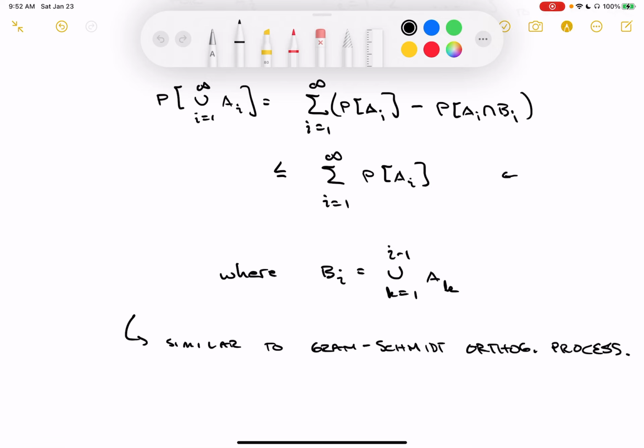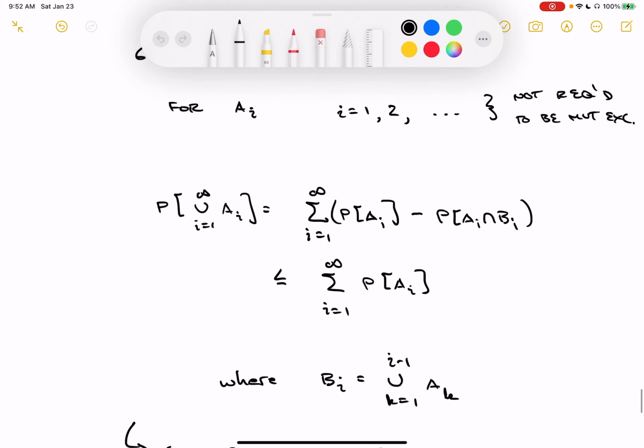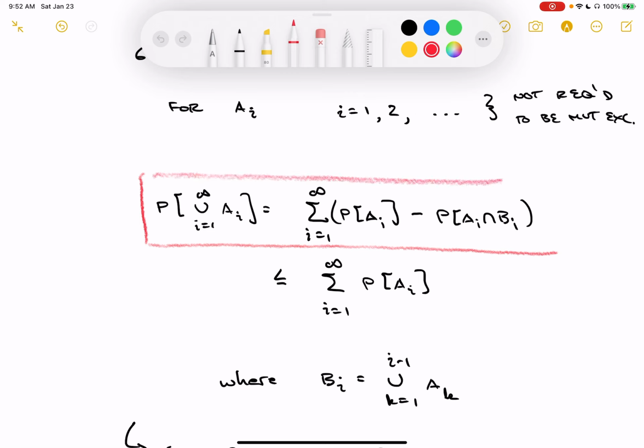In this particular case, you can just use the overall expression that I've given you: the union of an arbitrary number of events that are not necessarily mutually exclusive can be gotten by the sum of the probabilities minus some intersections.